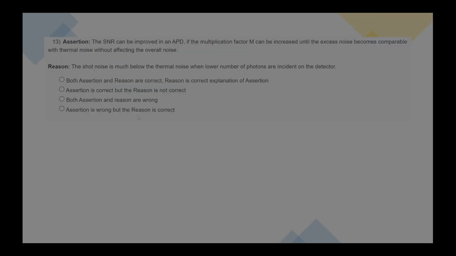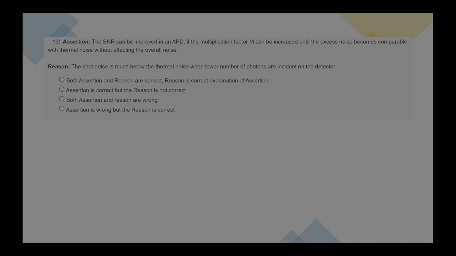Then question number 13 is there. It is an MCQ reason and assertion kind of question. In this, the assertion is that the SNR can be improved in an APD if the multiplication factor M can be increased until the excess noise becomes comparable with the thermal noise without affecting the overall noise.